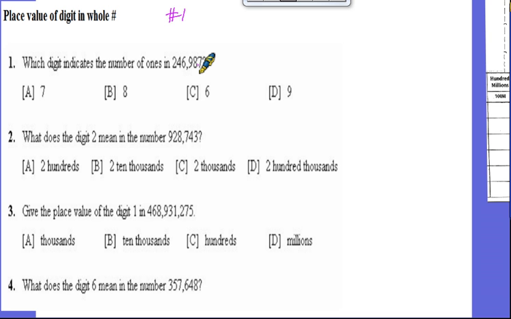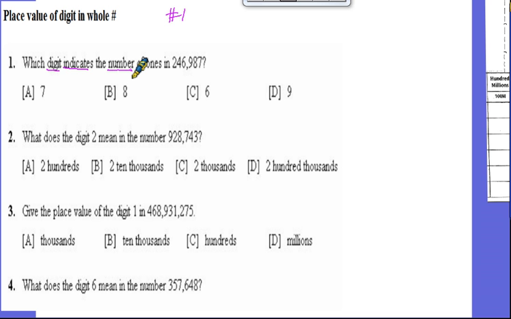Jessica. The most important word in the problem is indicates. Digits. Indicate and numbers. Number. That number is important, but there's two other ones that are the most important ones.